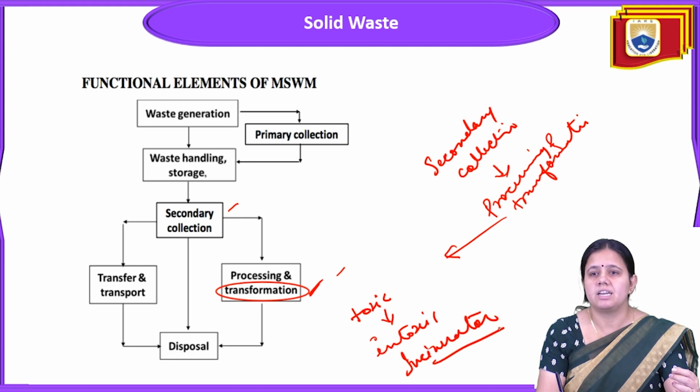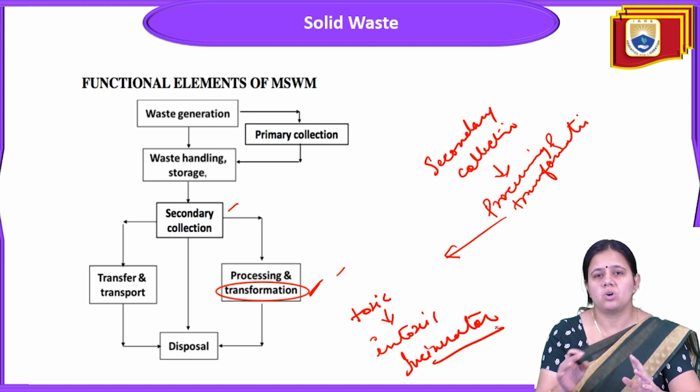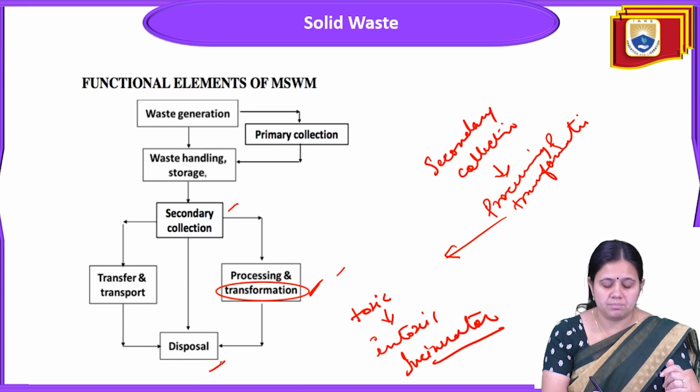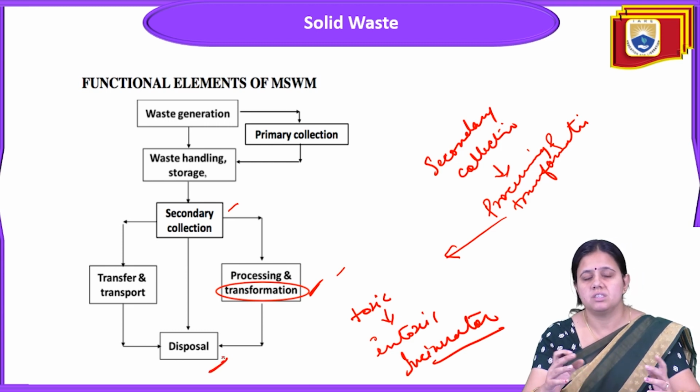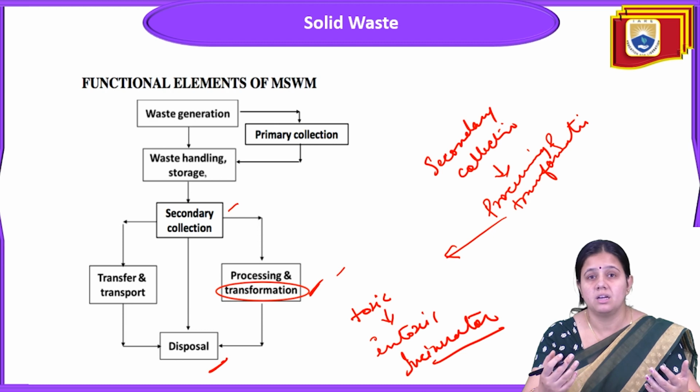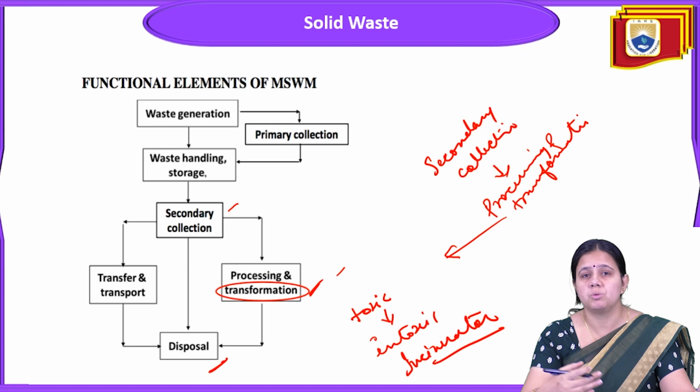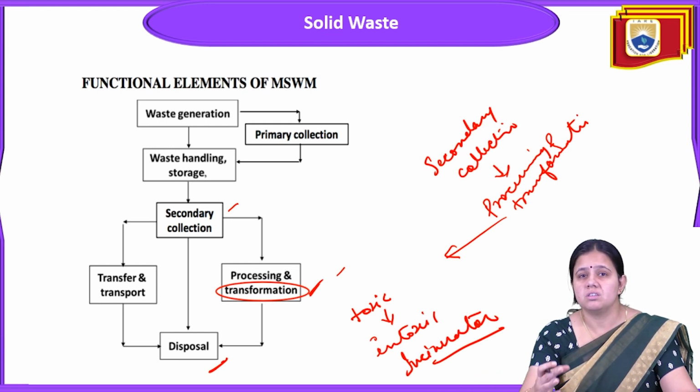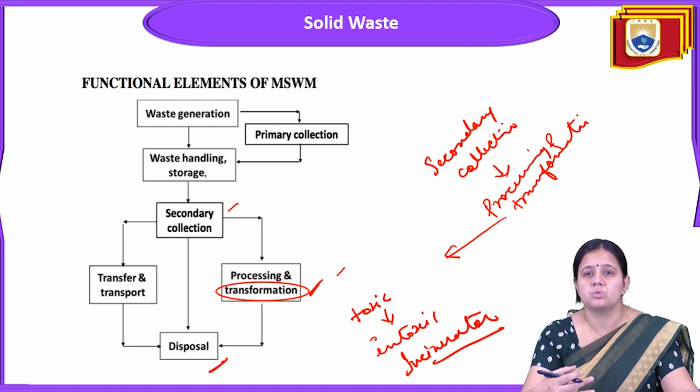In the incinerator, the waste is burned out, and after all this processing the final step comes, which is called disposal. After transformation of the waste, either by vermicomposting, composting or incineration, the next step is disposal. Disposal is the final step for MSW. So this whole picture starts from the generation of waste to its primary collection, then its secondary collection, and finally the disposal of the waste.